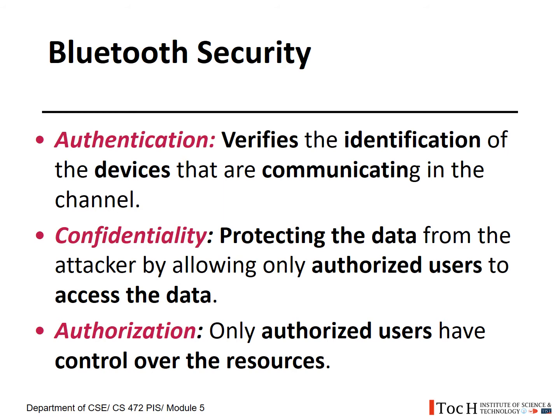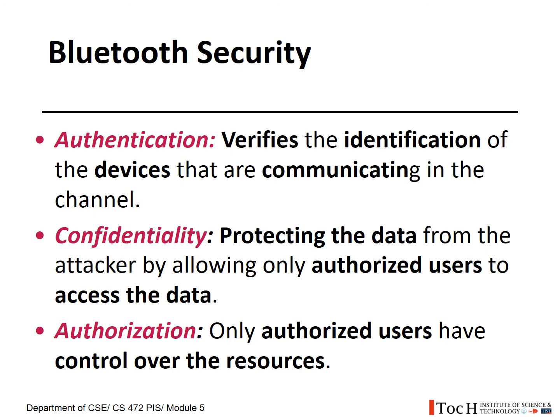Coming into detail about Bluetooth security. Bluetooth security, like any other security method or measure, should guarantee the important goals of security, that is authentication, confidentiality, and authorization. Authentication verifies the identification of devices that are communicating in the channel.